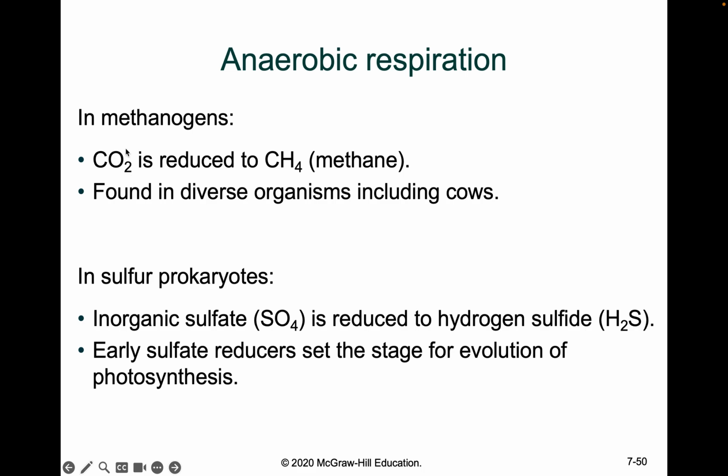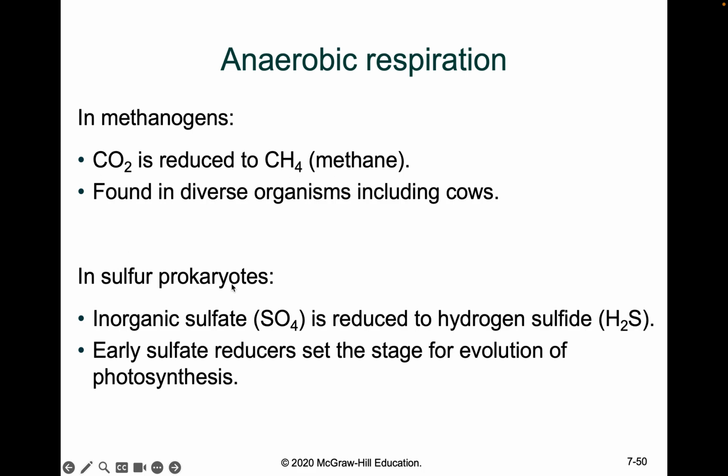They accept electrons and are reduced to methane, hence the name methanogens. You find these a lot in cows. This is why cows produce a lot of methane. Their farts are heavy in methane, because they create a lot of methane gas through this reduction of CO2 to methane.